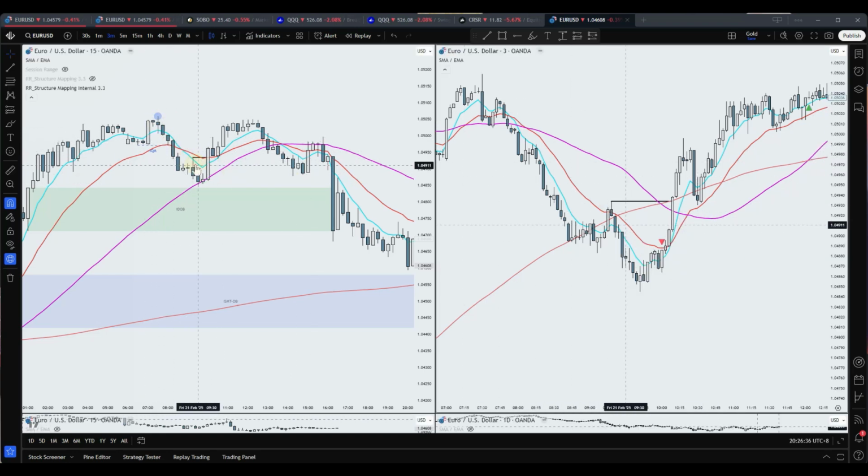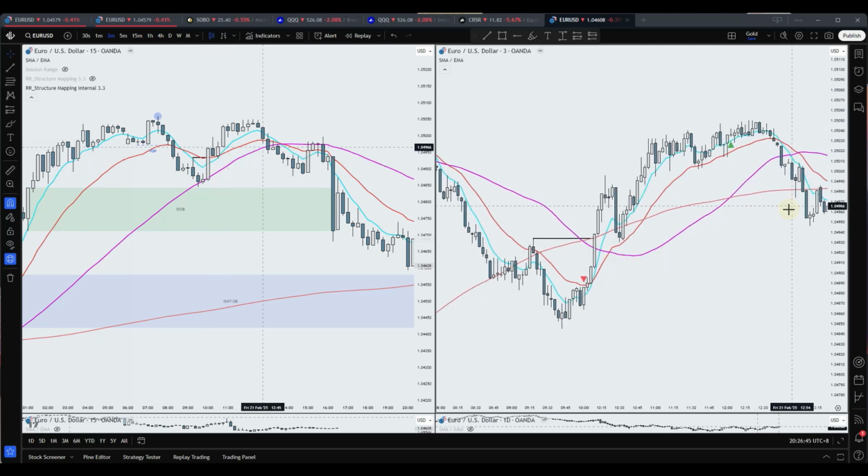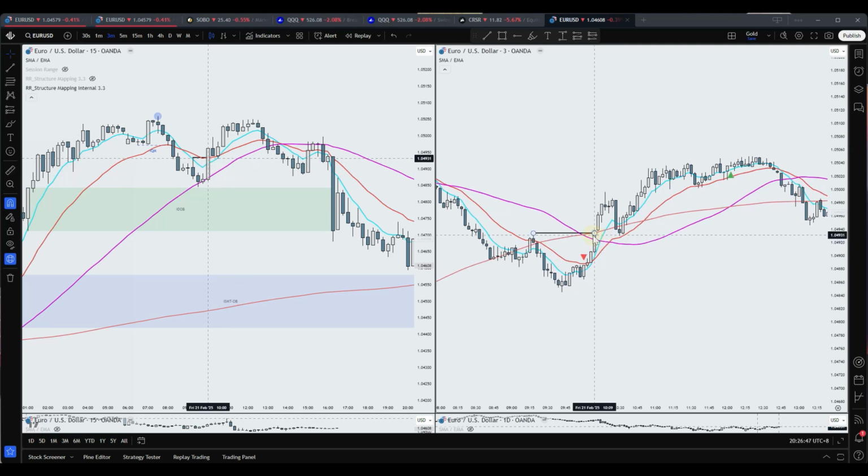Now these sellers, we can say maybe they diminished or dried up. And during this whole period, if you notice, the 50 was below the 21 was below the 50. So what is this? This is the shorter term bearish.